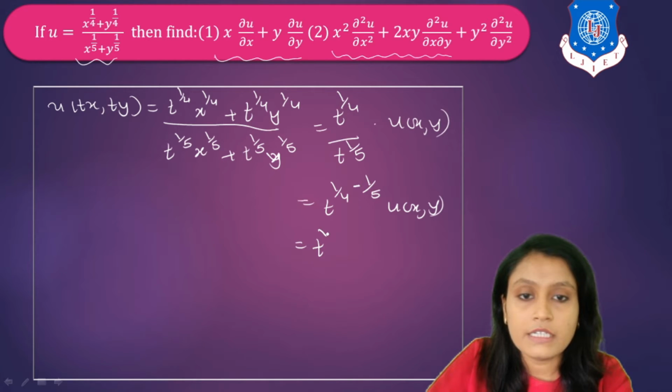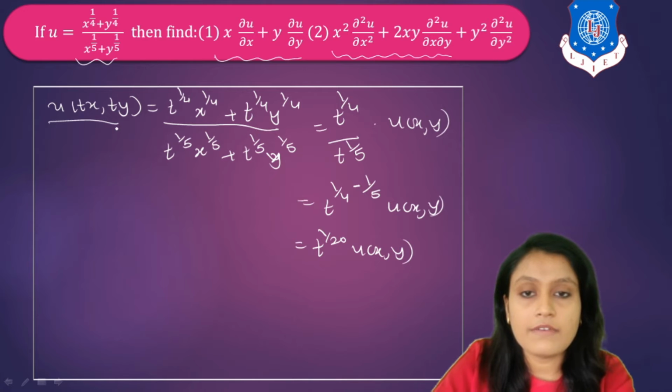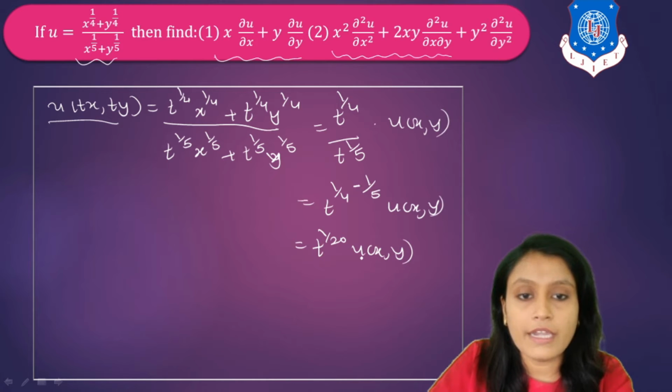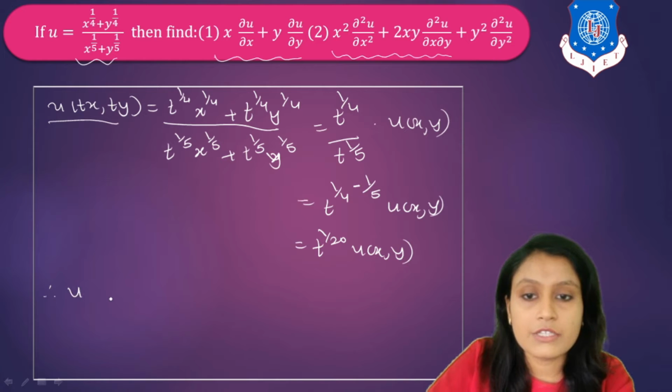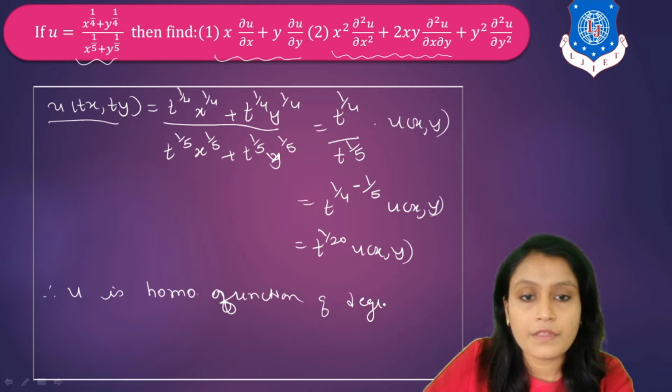So you will get t^(1/20) u(x, y). So we have this form, that is u(tx, ty) = t^n u(x, y). So we can say that this u is a homogeneous function of degree what?